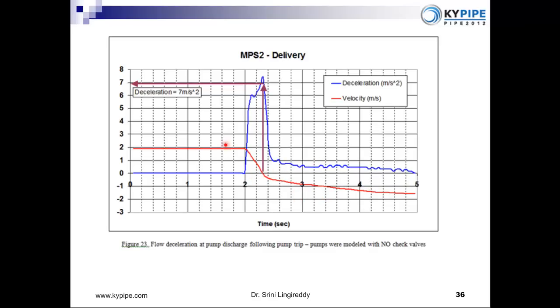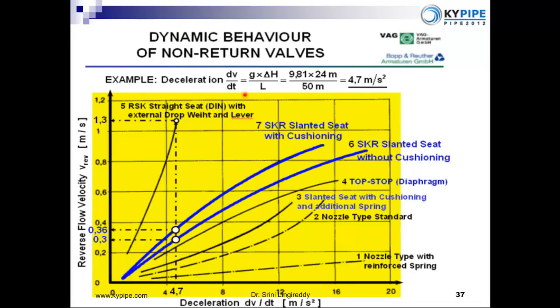But here my intention is to calculate the deceleration. So I calculate the deceleration based on this velocity. It's simply the velocity in meters per second, deceleration in meters per second squared. So you take the difference in velocities between the 2 time steps and divide by that time interval, you get the deceleration, and then plot that graph. For this particular graph, I'm getting a 7 meter per second squared deceleration.